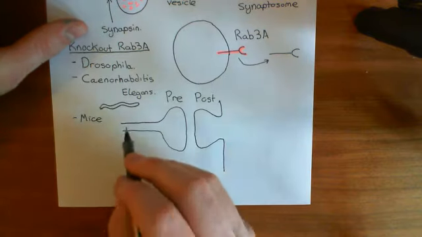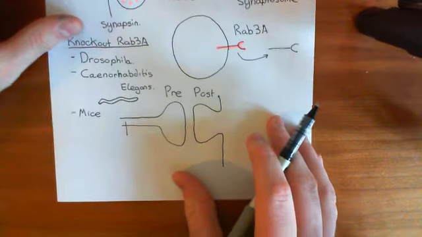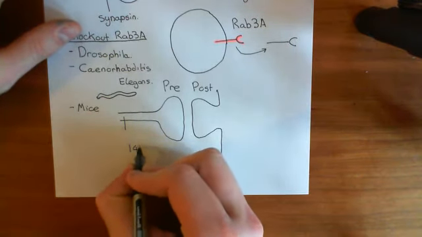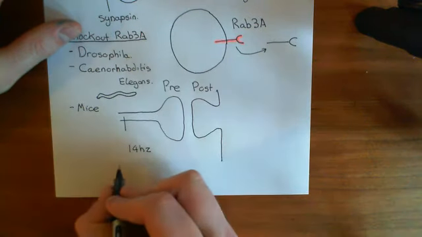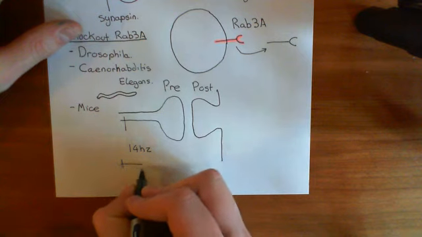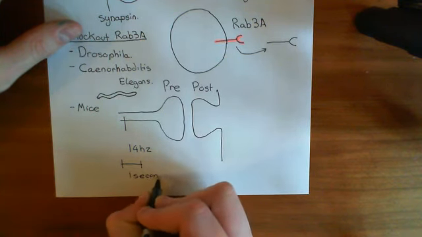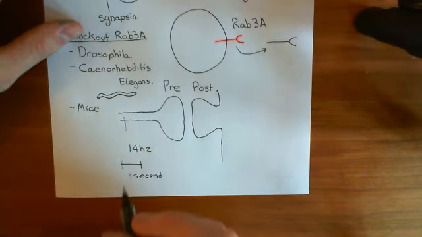Okay, so you continually fire action potentials down this neuron, and let's say we do it at a frequency of, I think they do it usually at around 14 Hertz. Okay, now what does that mean? That means that in a second, so let's say this represents a second, 1 second, that you will cause the presynaptic neuron to fire 14 times.